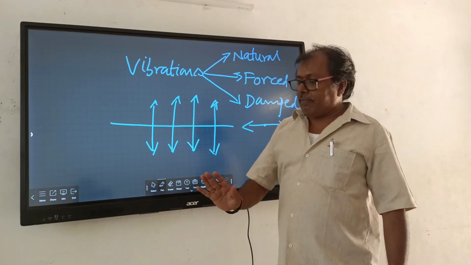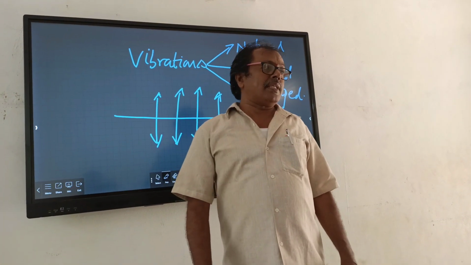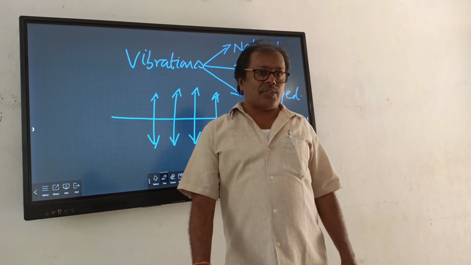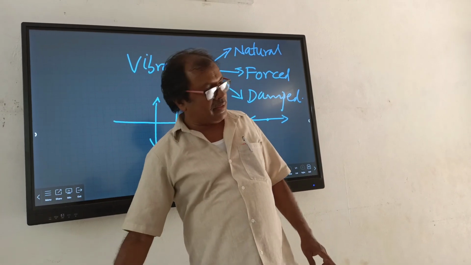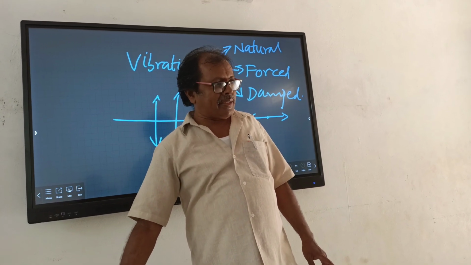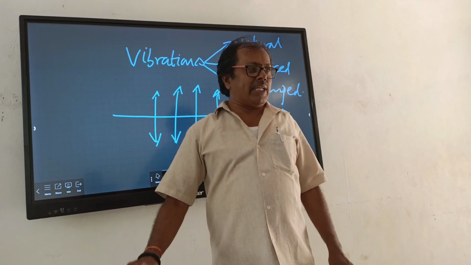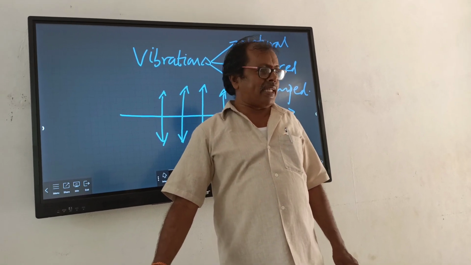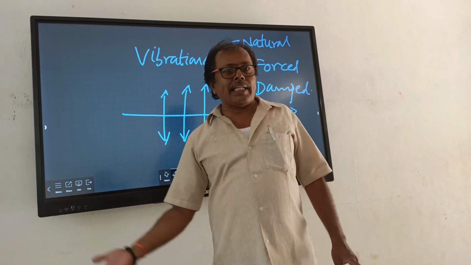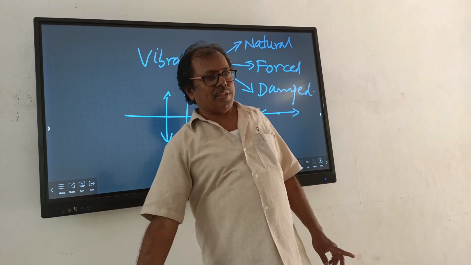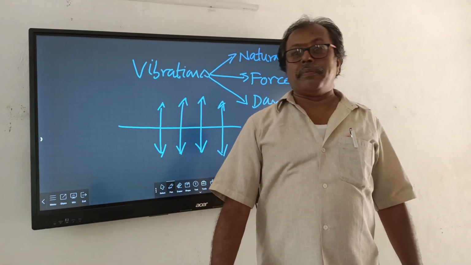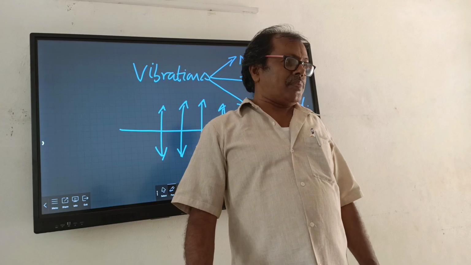Suppose a body begins to vibrate by the application of an applied force, suppose I strike this table like this, the table begins to vibrate. Here the table does not vibrate on its own. Vibrations take place in this table by means of applying force. This force is nothing but applied force.